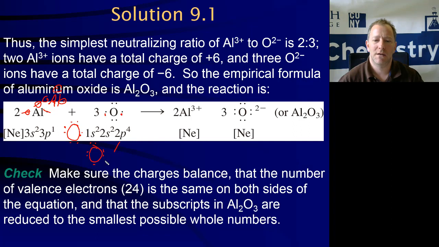Get rid of this dot, give it to the oxygen. Now, with 2 aluminums having no dots, there they are. And 3 oxygens having 8 dots, there they are. Aluminum 3+, isoelectronic with neon, stable, no dots. 3 oxygens with 8 dots, isoelectronic with neon, stable. So Al2O3 is the correct formula of this ionic compound.